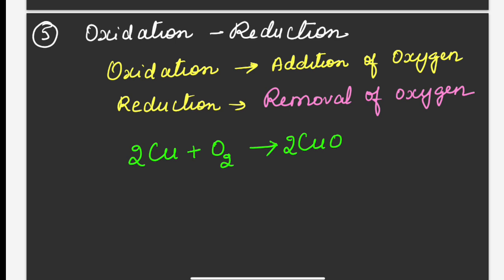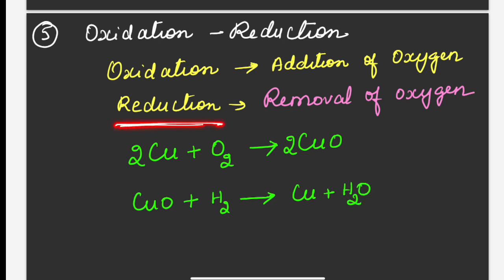Next we will see an example for reduction reaction. The example for reduction is CuO, that is copper oxide, when you treat it with hydrogen. The product you get is copper plus H2O. What is happening here? Observe again. We said that reduction means removal of oxygen.